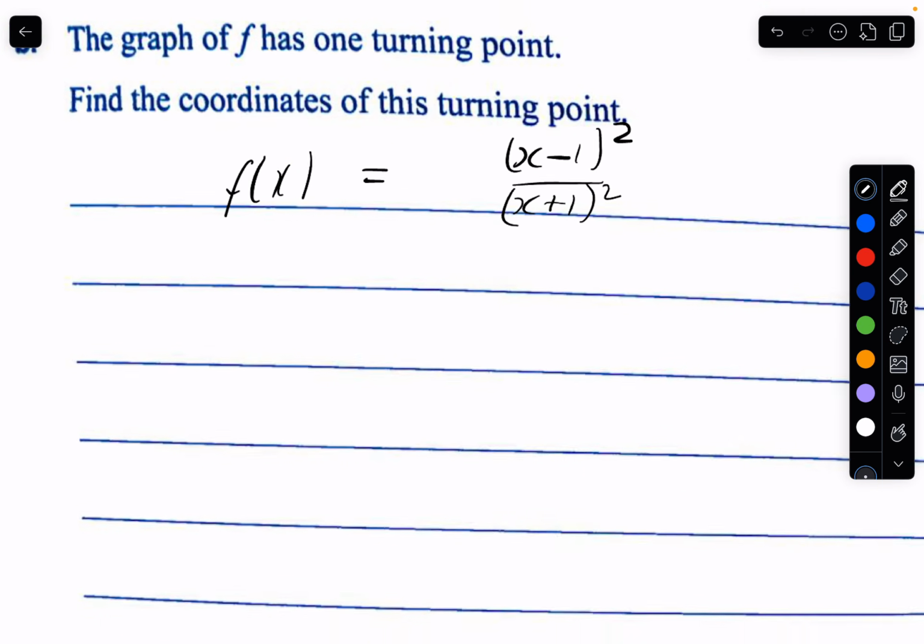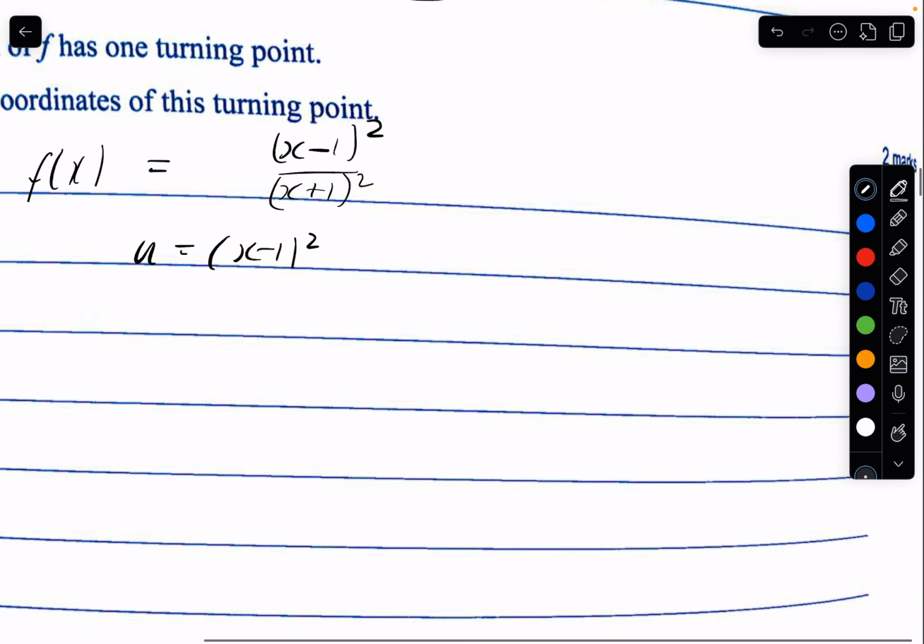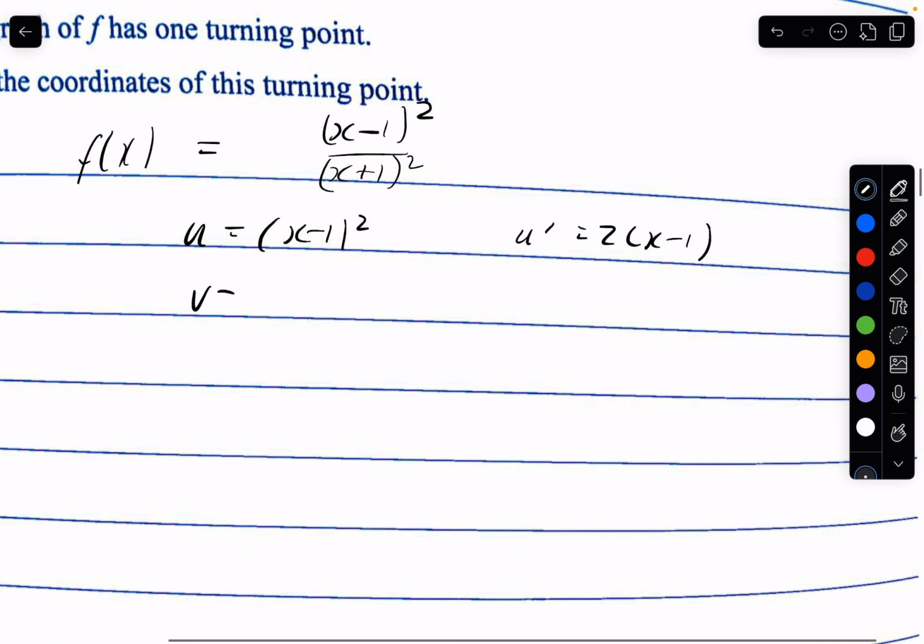Okay, so if we were to say that u is equal to x minus 1 squared, then u dash is equal to 2 times x minus 1. If we were to say that v is x plus 1 squared, then v dash is 2 times x plus 1. All right?